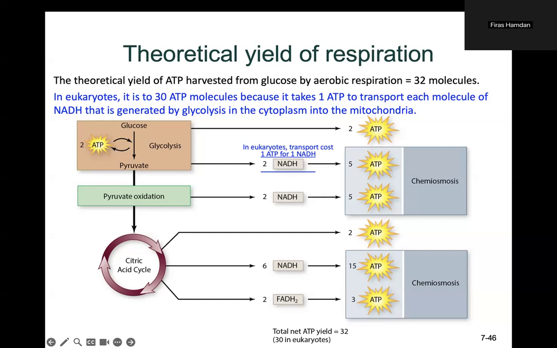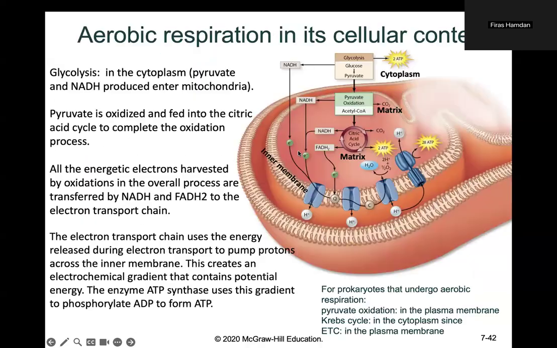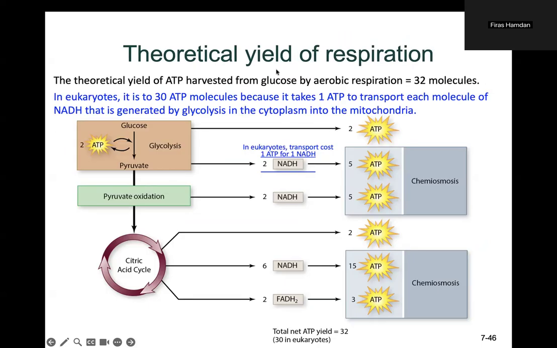Why is this so? Purely because of the transportation of NADH. This NADH that we create here, the transport of it to your mitochondria will cost you one ATP, and there's two being created, so you lose two. This only happens in eukaryotes because prokaryotes do not have membrane-bound organelles.